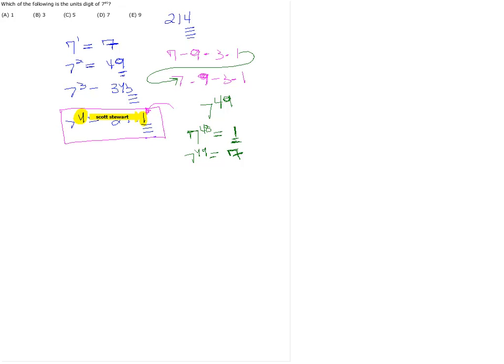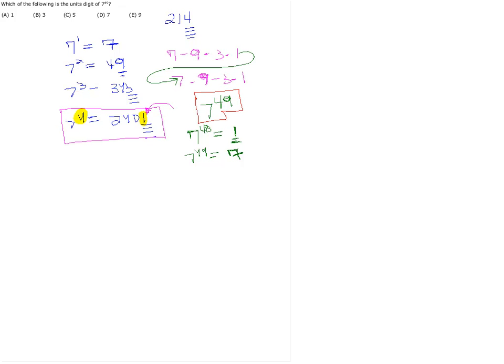So what that means is when 7 is raised to any exponent that's a multiple of 4, the unit digit is going to be a 1. So when we ask ourselves what's the unit digit of 7 to the 49th power, our goal is to find the closest multiple of 4, which is 7 to the 48th.